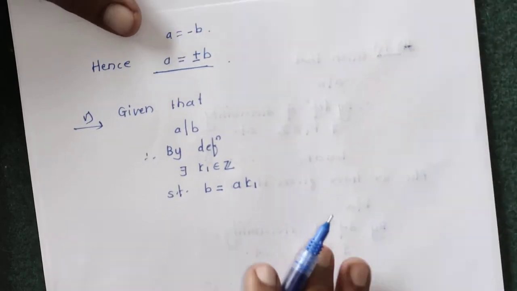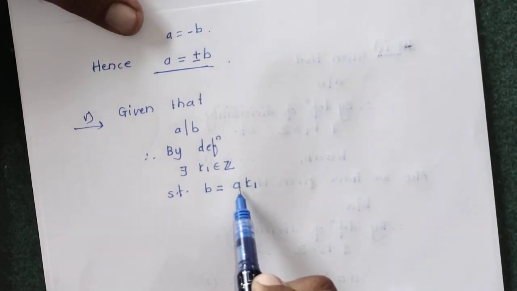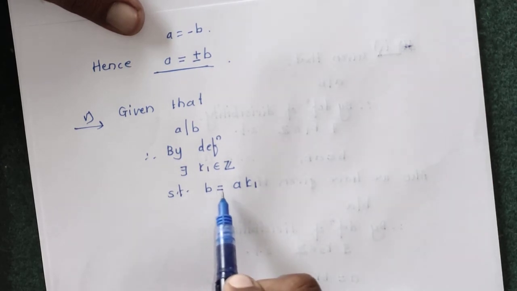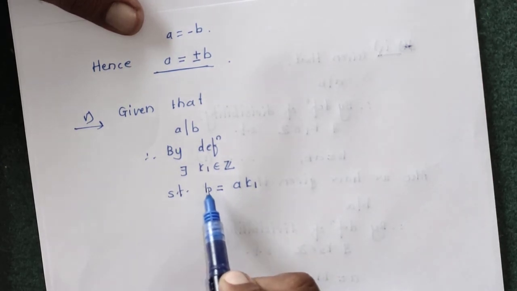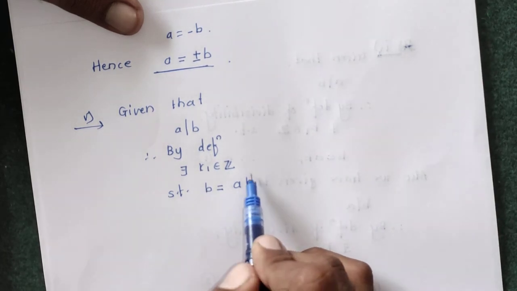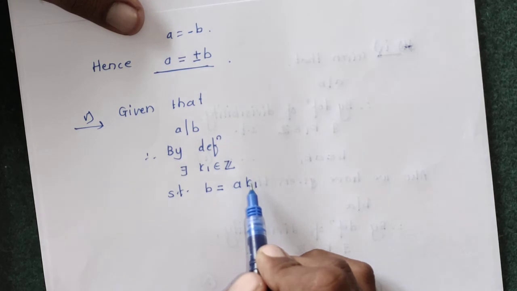Now, what we have given? We have given that A and B both are positive integers and B is written as a multiple of A. So, here B is positive and A is again positive.